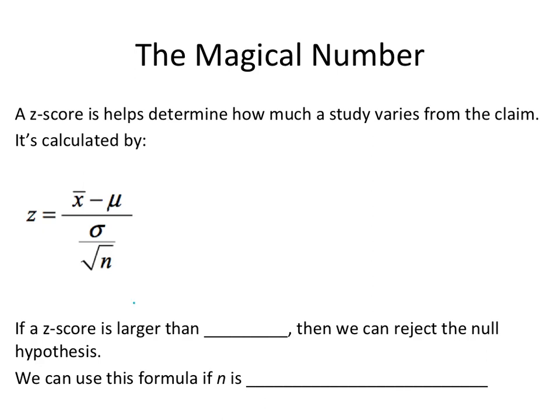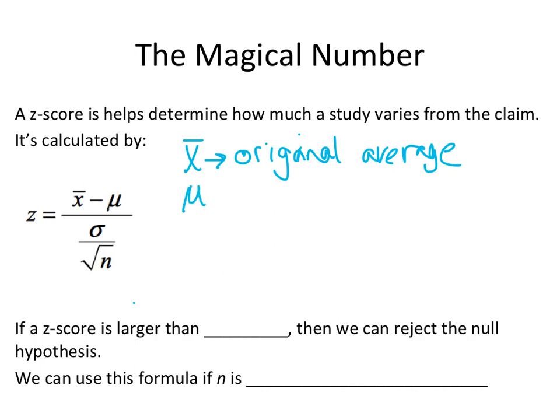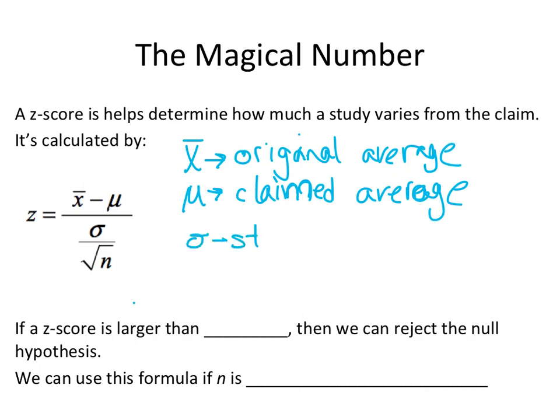It is calculated by z equals x bar, which is the original average, minus mu, which is the claimed average or claimed mean, so x bar minus mu divided by sigma, which is your standard deviation, divided by the square root of n, and n is your sample.